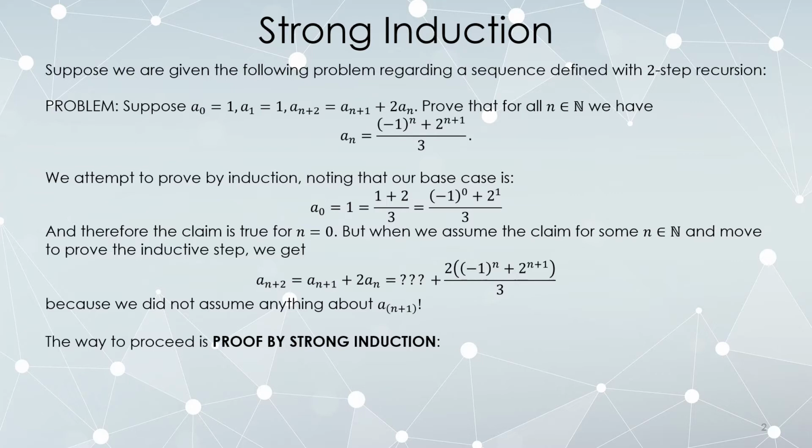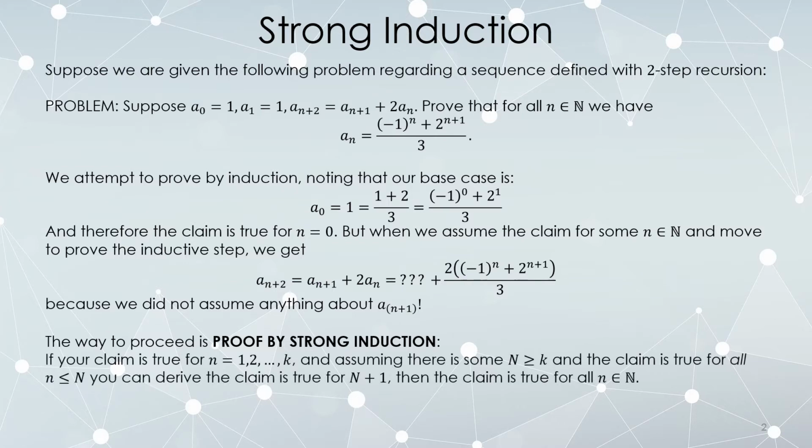So the way to resolve this is a strengthening of the technique called proof by strong induction. If your claim is true, not just for a particular index, but for all indices up to k, assuming it's true for all indices up to a certain point, can you derive that it's true for the next index?